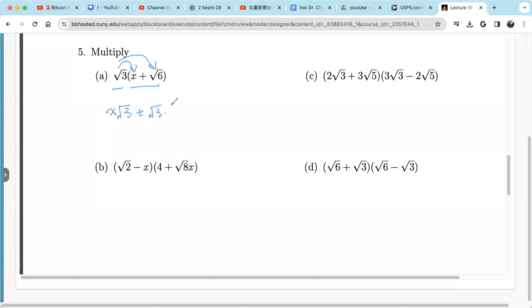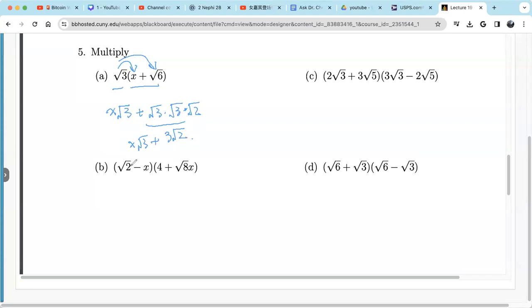Now square root of 6 can be broken into 2 factors, square root 3 times square root 2, right? What is square root 3 times itself? That's 3. So it becomes 3 radical 2. Then add the first term, x radical 3. And that's it. We cannot do anything further, so we have x radical 3 plus 3 radical 2.